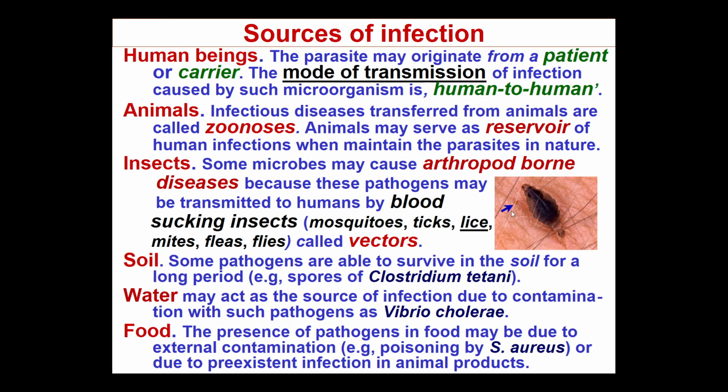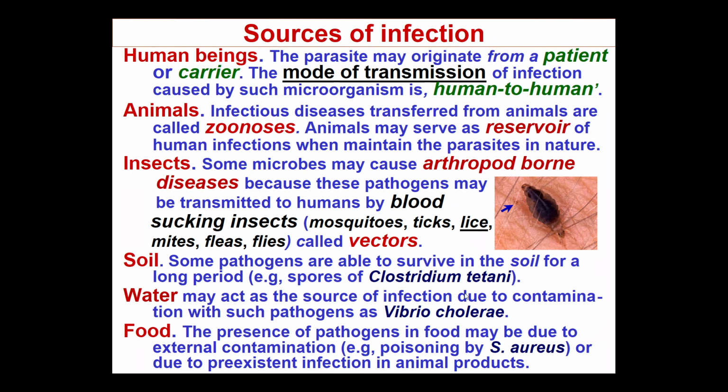Mosquitoes, ticks, lice, what here you see, lice filled with the blood of human, mice, fleas, flies. All these blood-sucking insects may transfer disease from human to human, from human to animal, from animal to human by biting. All these insects are named vectors. And infection of this type is named vector infection.